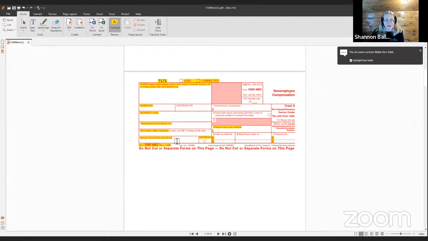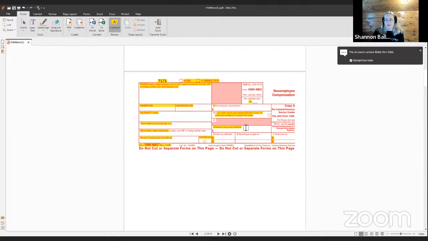The account number is not necessary, so you don't have to fill that out. And the recipient's TIN, so their tax ID number, whether they gave the social security number or a federal EIN, you would use whatever they gave you on the W-9. Box 1 here is for the non-employee compensation. Box 2 is that $5,000 or more in consumer product for resale.